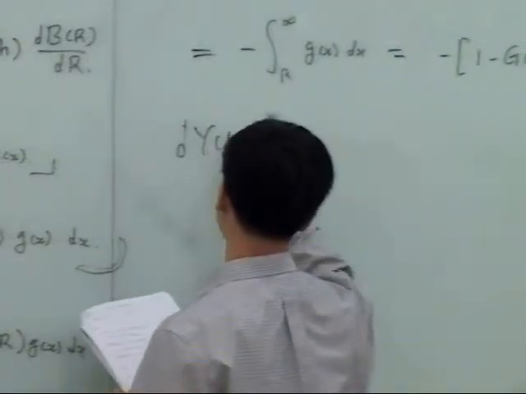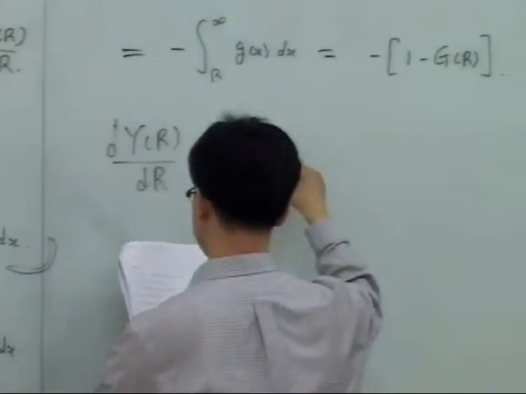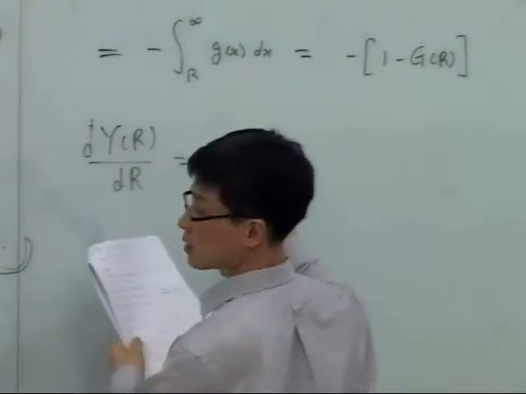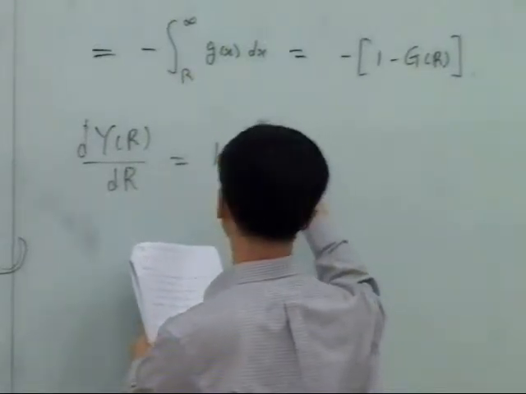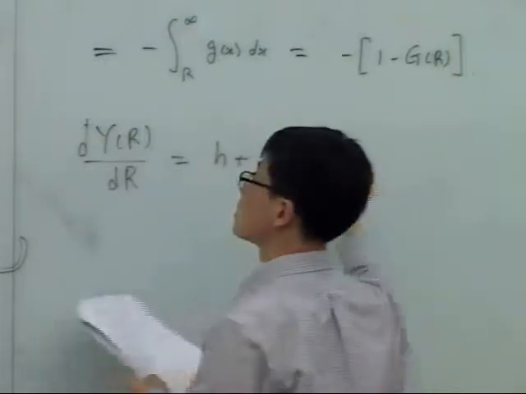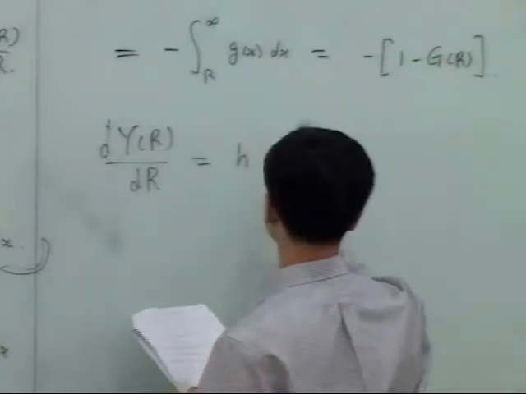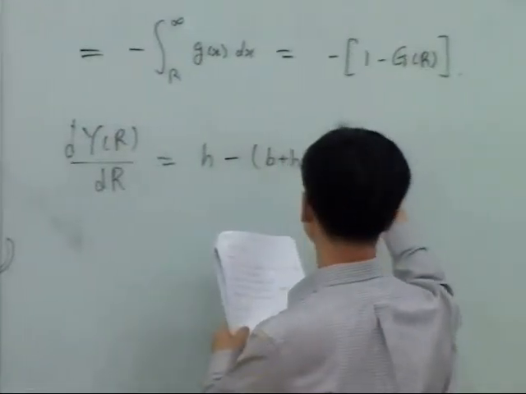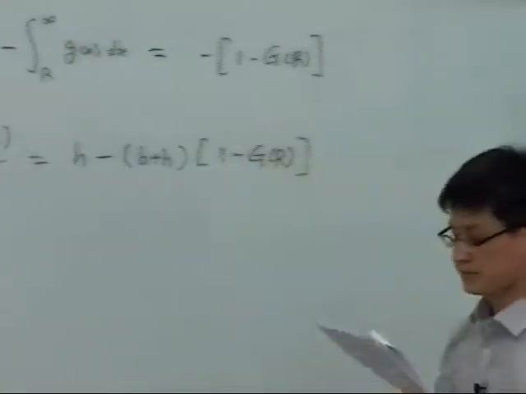So dyr over dr is h plus b plus h with that one, and we plug that one into the original form. It's going to be this.